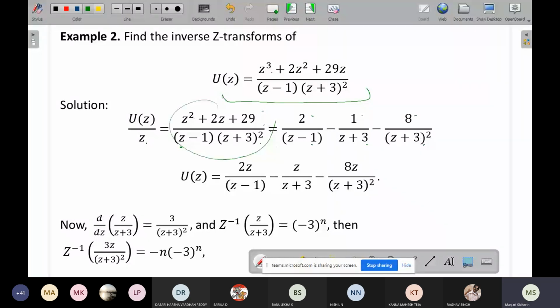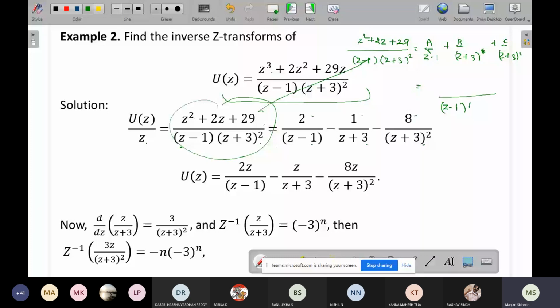How to use partial fractions here? A by the first factor, B by the second factor, and C by Z plus 3 whole square. You need to take the LCM, Z minus 1 times Z plus 3 whole square.